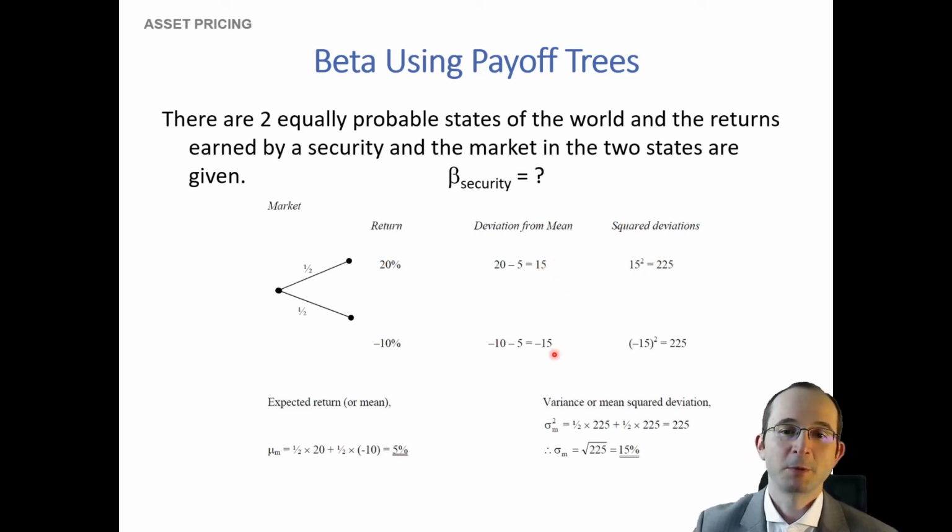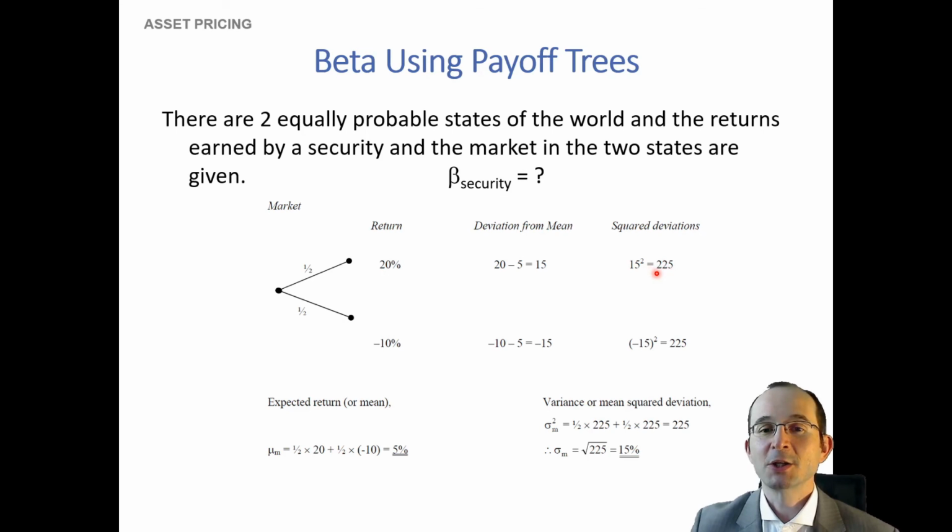In the bad state of the world, the deviation from the mean is also 15%. So the square deviation, because remember, variance will operate on square deviations, whereas covariance will operate on products of the individual asset deviations multiplied together.